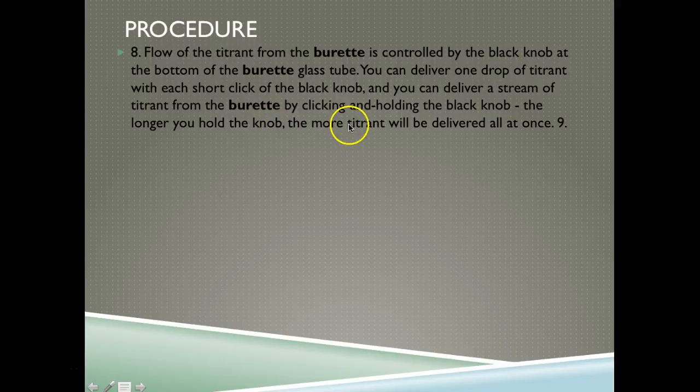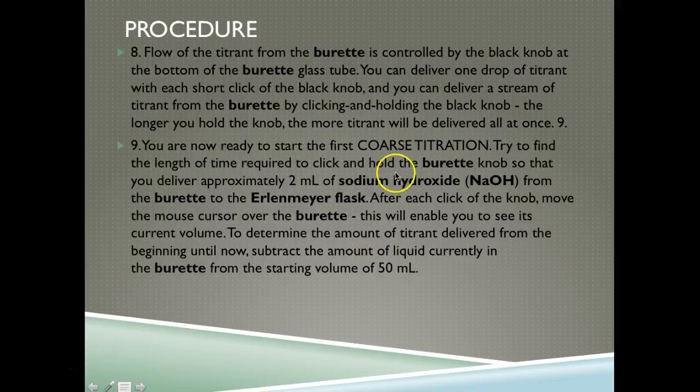The longer you hold, more of it will be delivered. But I suggest you monitor very closely how much you want to deliver by doing first, as recommended, a coarse titration. So a coarse titration is to find out where exactly that endpoint might be.